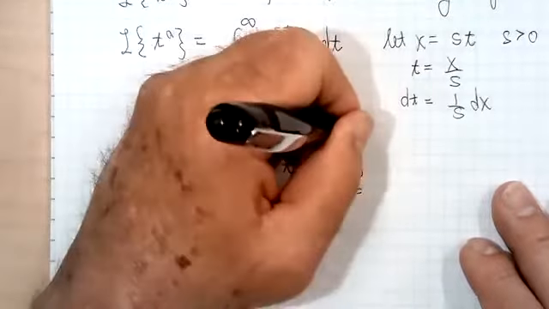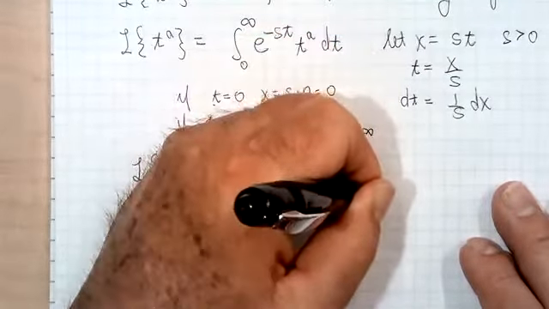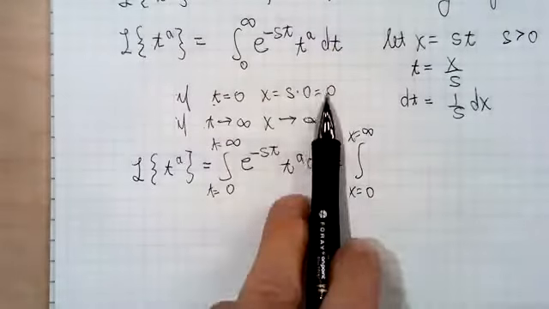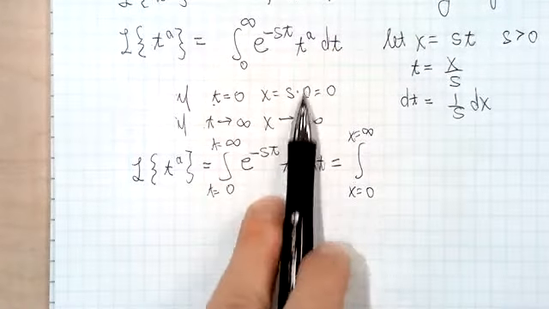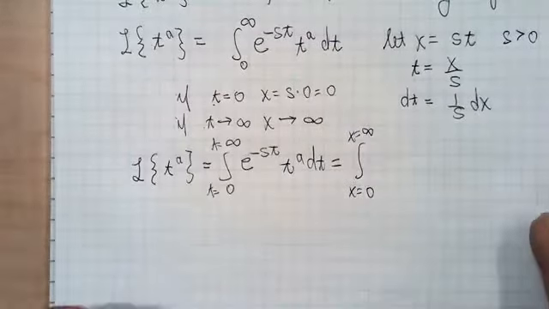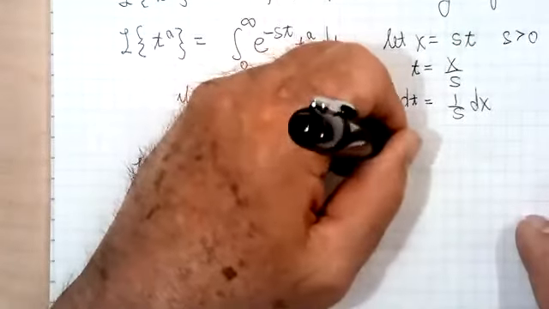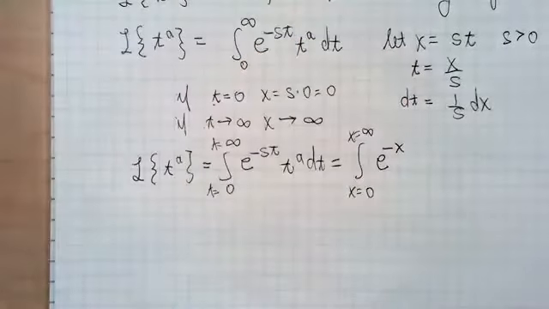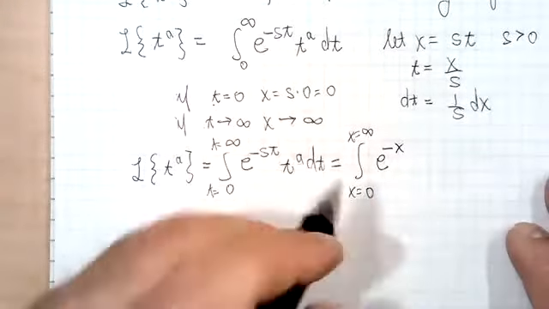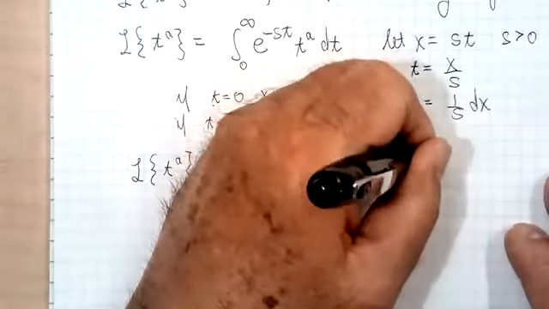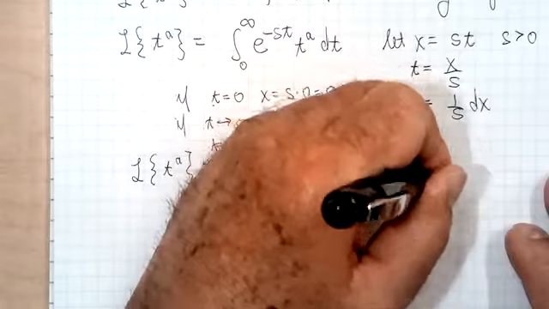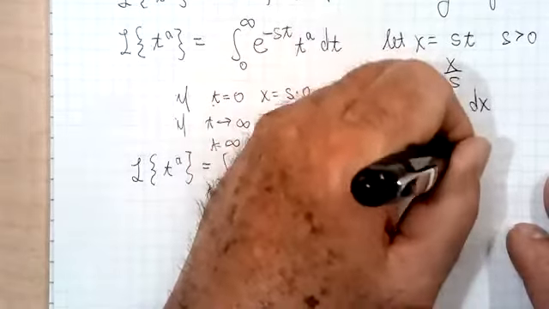These are going to be x limits, but it's still 0 and infinity. We did the change of variable calculations here. Then this is e to the minus x, and this t is x over s, to the a, dx.